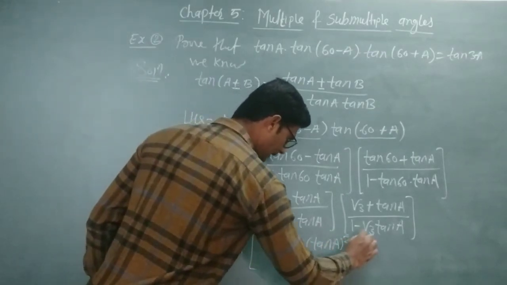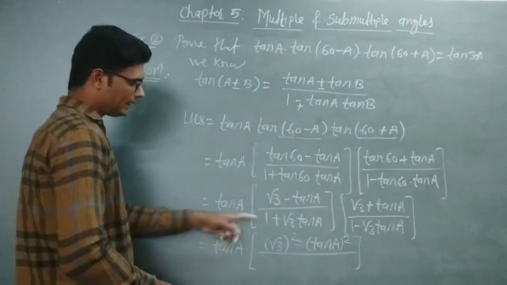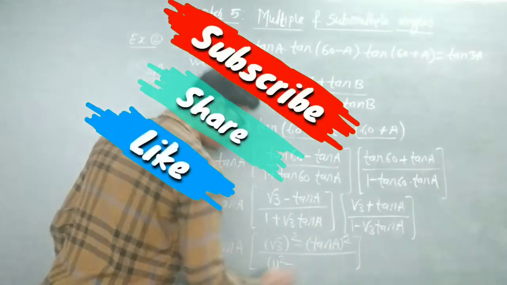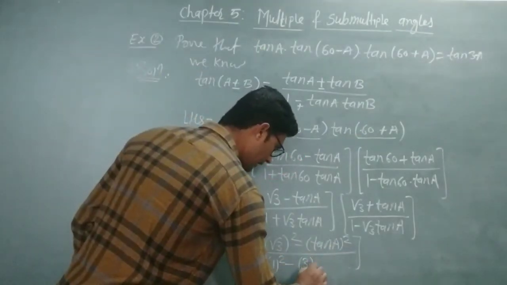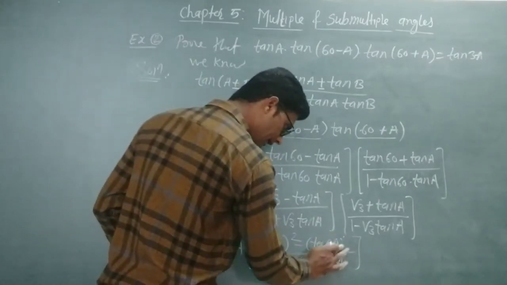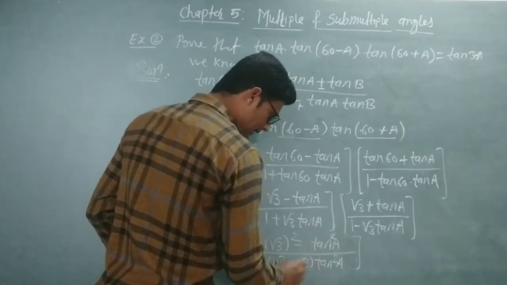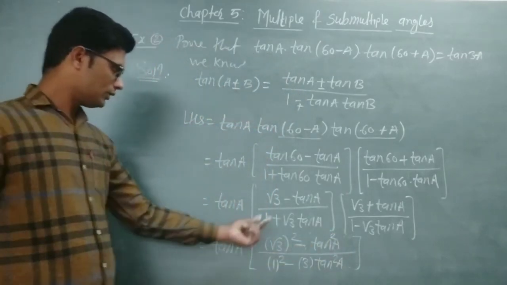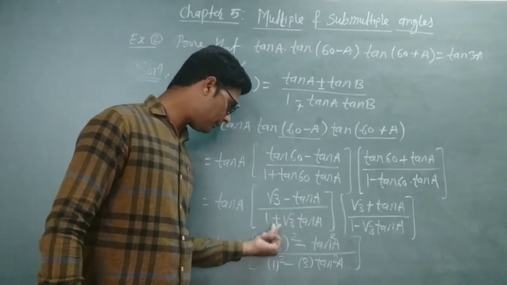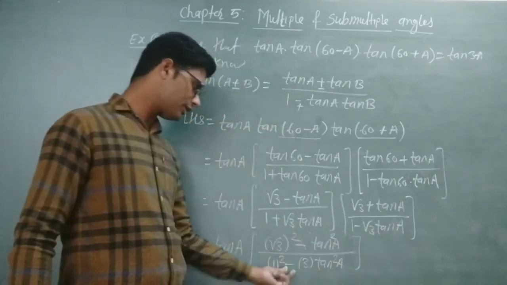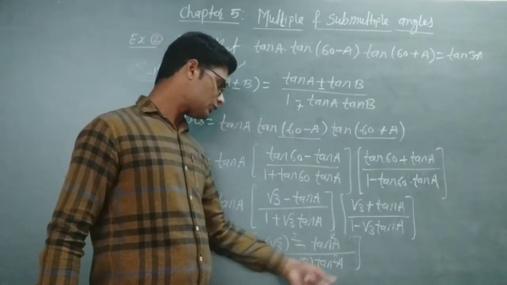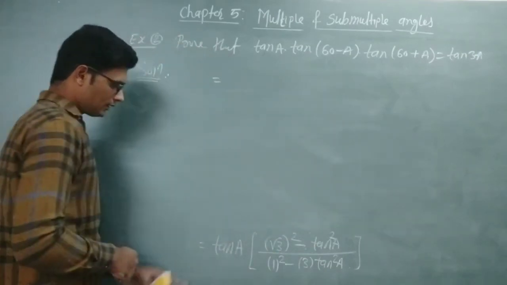B square means tan square A, divided by A plus B, A minus B. So this will be 1 square minus root 3 square is 3 and tan is tan square A. So root 3 square minus tan square A, 1 square, because A plus B, A minus B. So A square minus B square means 3, root 3 square is 3 and tan square A. Now simplify this.